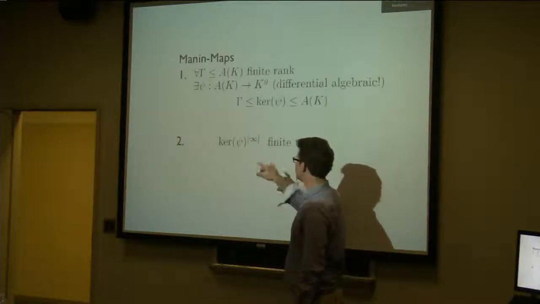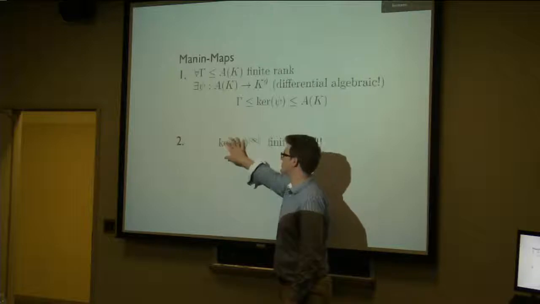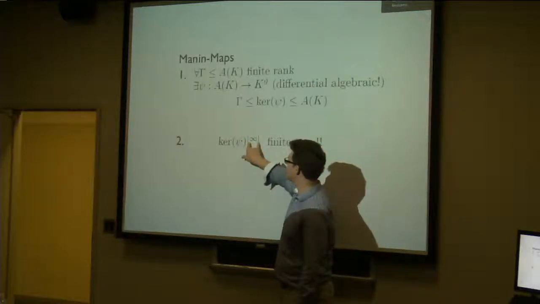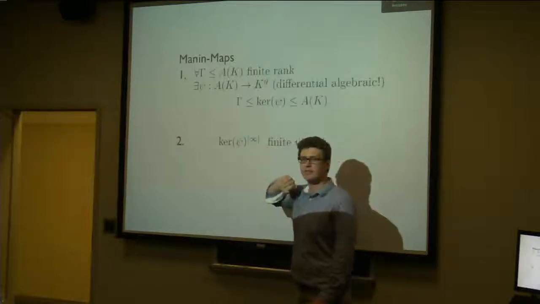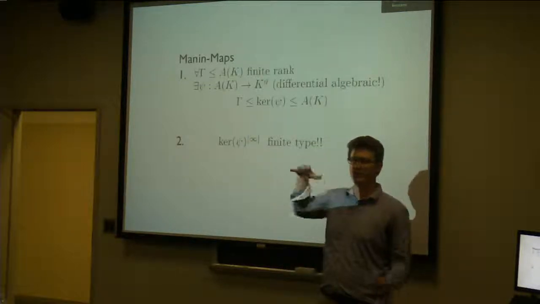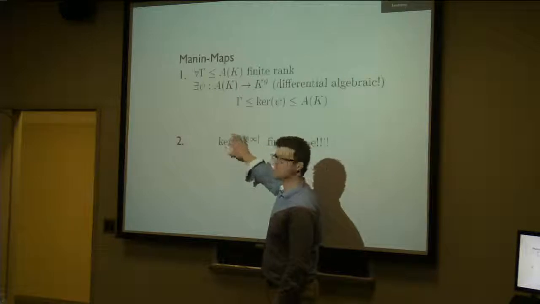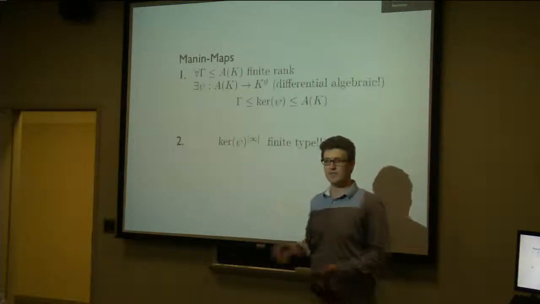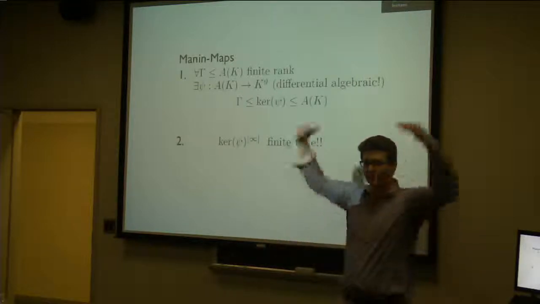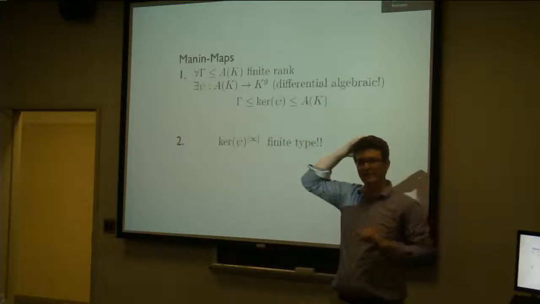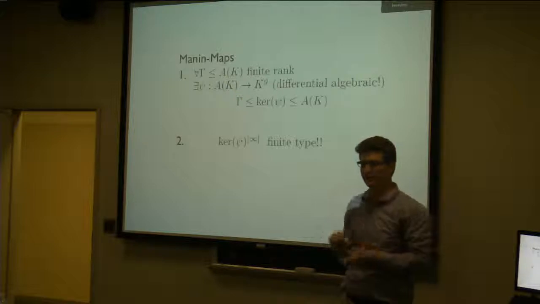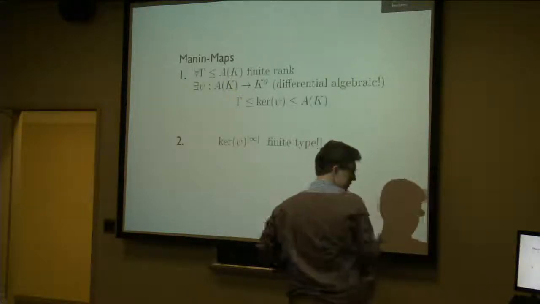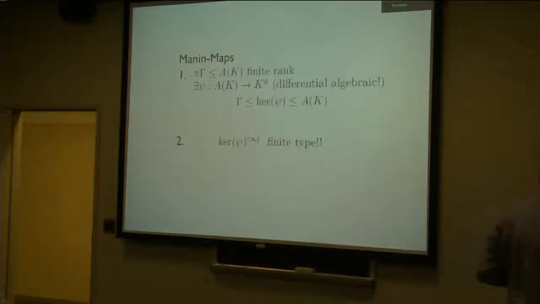What's amazing is that you can take this differential algebraic variety, and by this I mean the corresponding thing in the infinite jet space, the infinite arc space. So these are these equations here, and it turns out that this thing's of finite type. So this is a finite thing that's living in this infinite jet space, which is really cool. Okay, so this is kind of pretty cool.